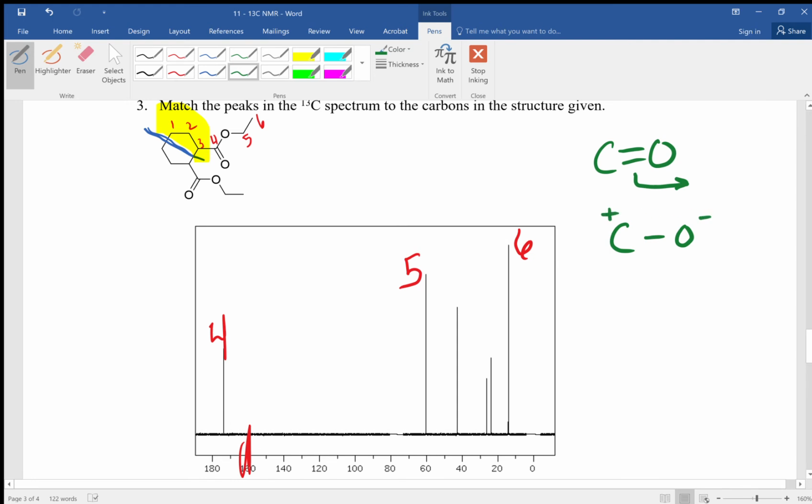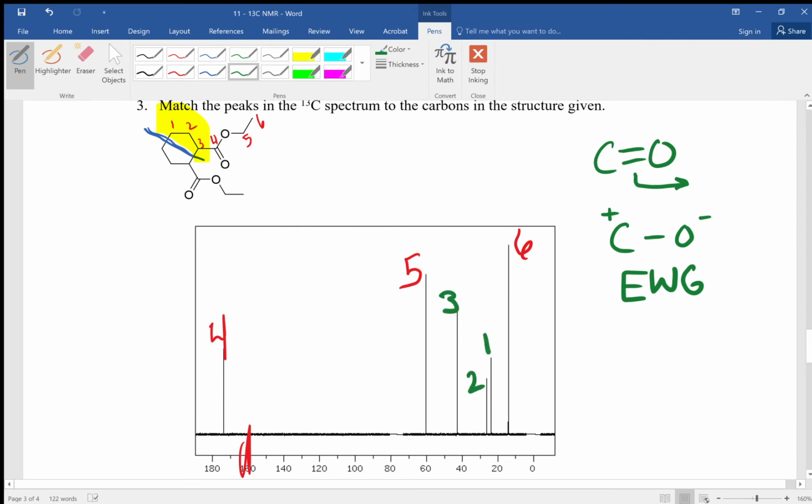And that resonance puts a positive charge on carbon. And so carbonyls are, in general, electron withdrawing groups. So the closer we are to the carbonyl, the stronger we feel that effect, and should be higher chemical shift.